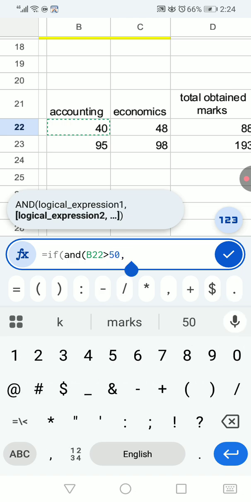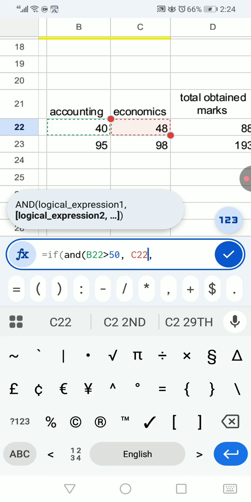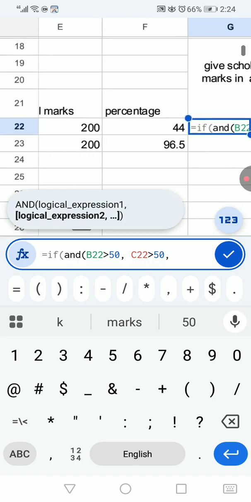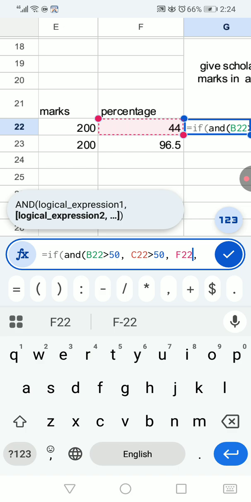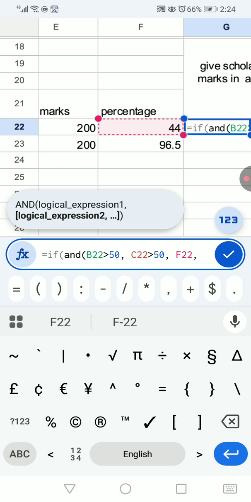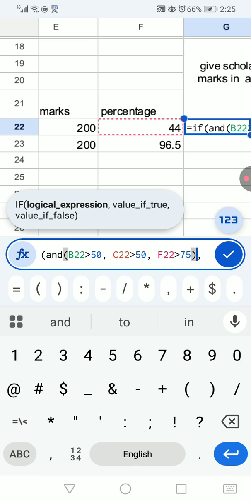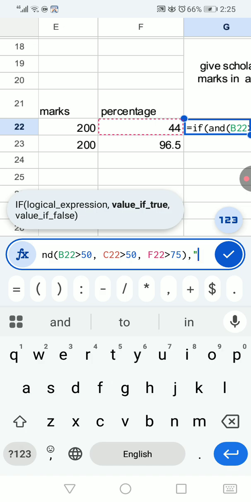Second criteria, in economics, marks should also be more than 50. And now third criteria is your percentage, which we have calculated over here. So just click over here. It should be more than 75. So all criteria are completed. Over here you will put a bracket and now you will start your answer. If criteria is okay, write down yes as scholarship. If it fails, just write down no.